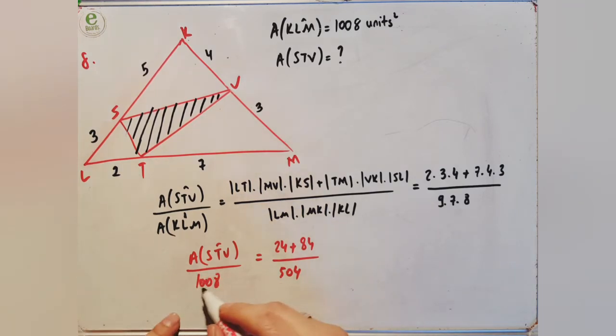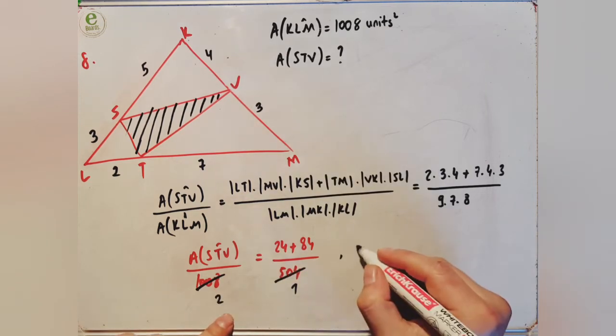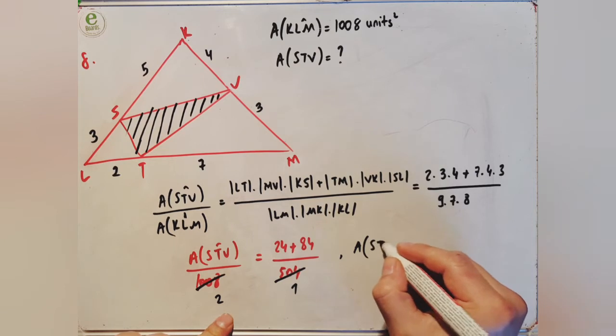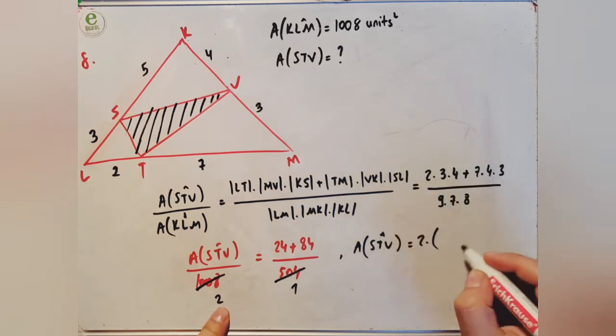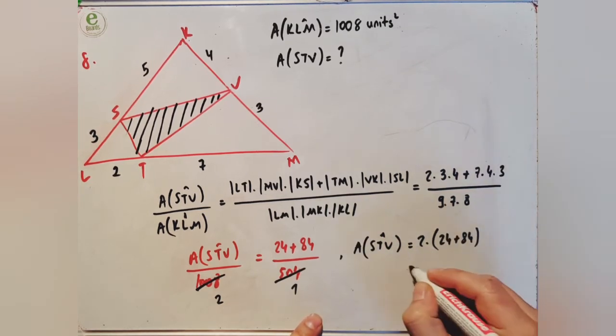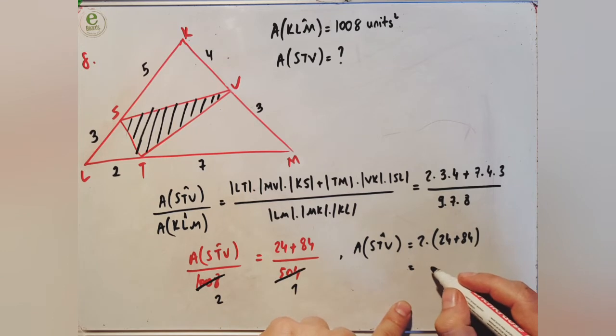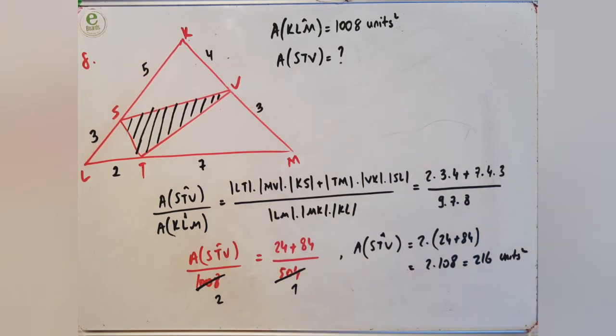We can simplify by 504, it's 1 and it's 2. So the area of triangle STV is equal to 2 times 24 plus 84, which is going to be 2 times 108, 216 square units. Okay, we got the solution.